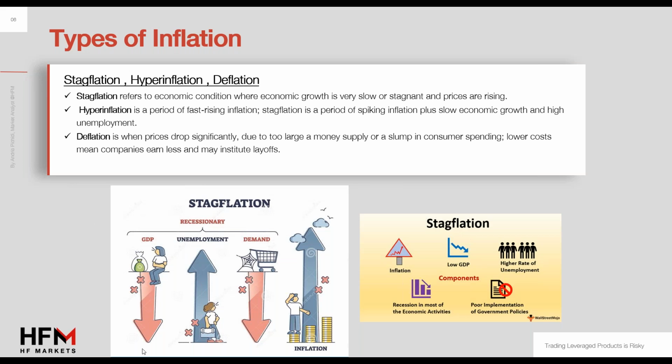Economic growth declines, coupled with an increase in unemployment, right? Decline of demand, accompanied by a rise in prices, and as a consequence, inflation, right? So the worst from both worlds.